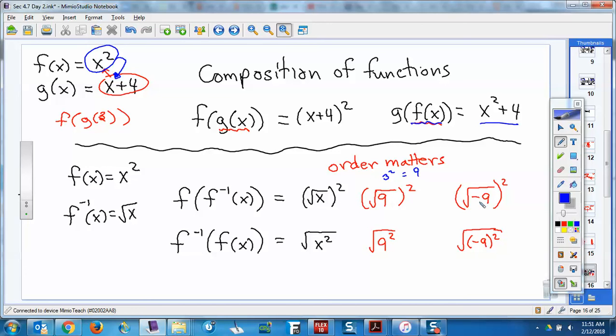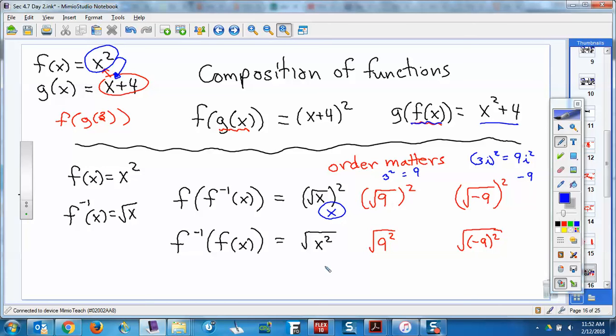Because i was square root of negative 1. So it's 3i. What's 3i squared? 9i squared. What was i squared? Negative 1. What's 9 times negative 1? So it worked. We got back what we started with. So it would seem that square root of x squared would indeed equal x. It seemed to work in both those cases.